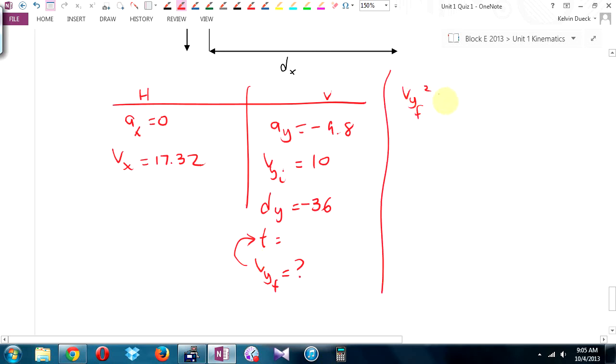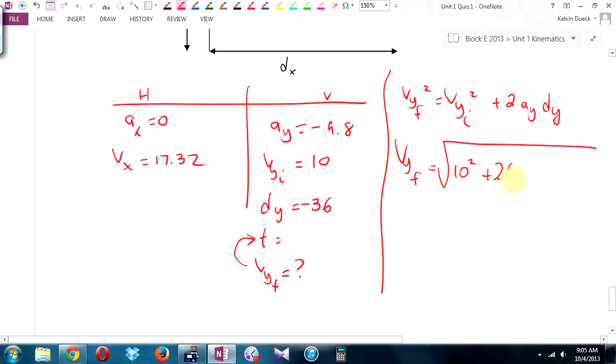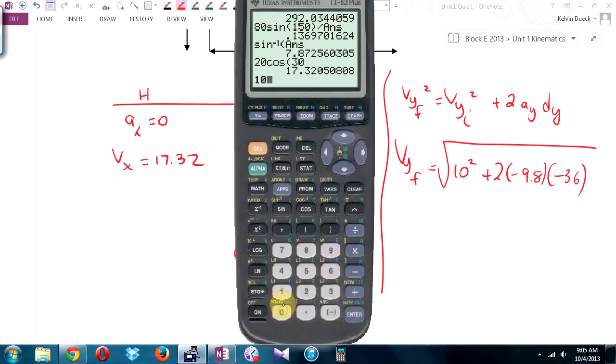Vy final squared equals Vy initial squared plus 2 Ay dy. I think Vy final is going to be the square root of 10 squared plus 2 times negative 9.8 times negative 36.